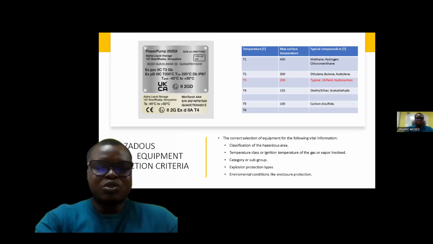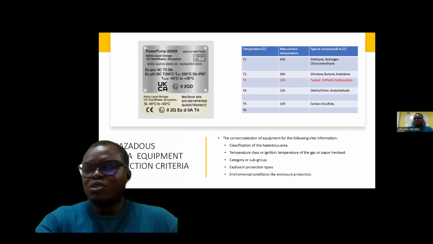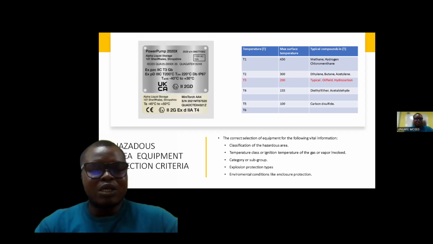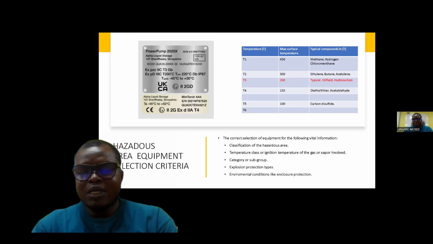Ignition. So for that reason, anytime you want to do an installation in an environment, you have to watch out for a device within the range of the operational temperature.